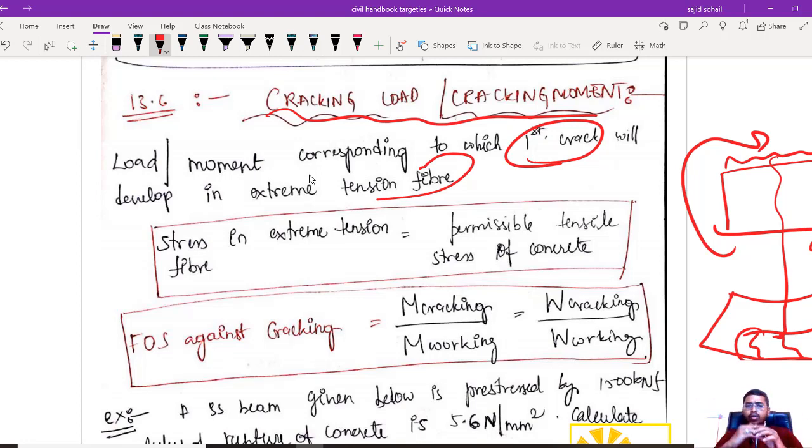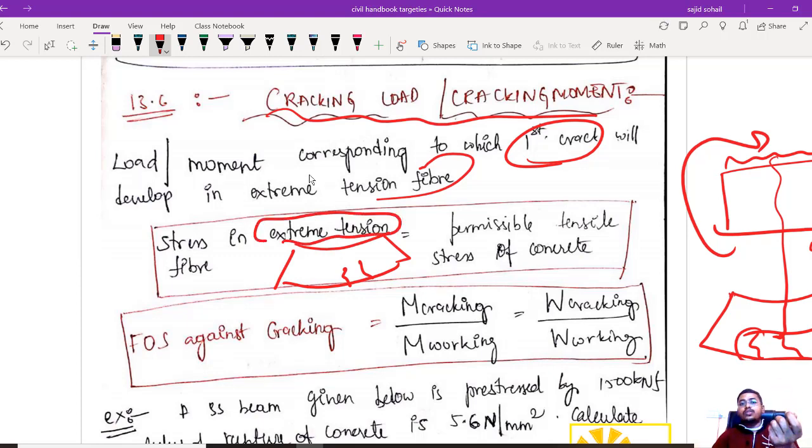That's it. Okay, so what is the stress in extreme fiber? That will be nothing but tensile stress of concrete, right? Because once the tensile stress of concrete is reached, obviously इससे ज्यादा concrete नहीं लेगा and crack शुरू हो जाएंगे. So what is the stress, maximum stress you can have in the extreme fiber? That will be nothing but permissible tensile stress of concrete. जितना tensile stress है उतना ही रहेगा. And what is the factor of safety against cracking?